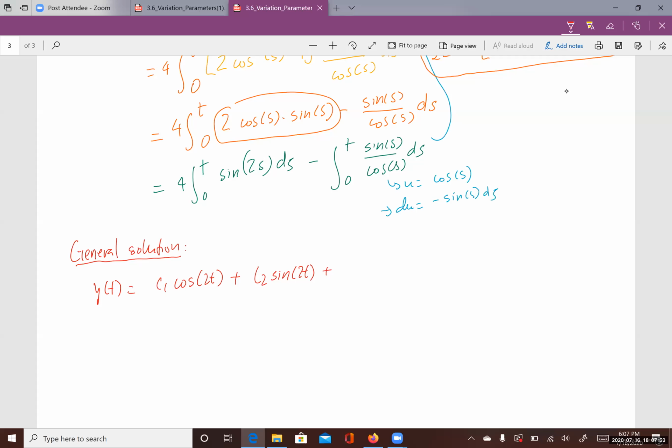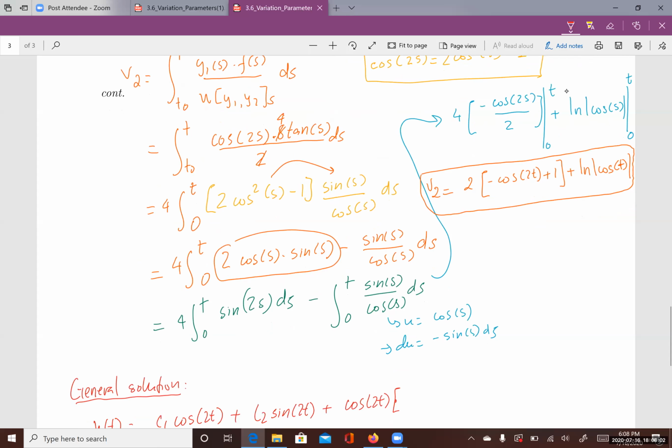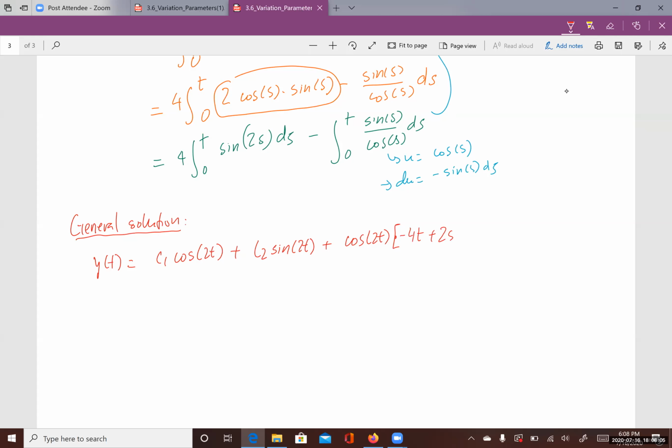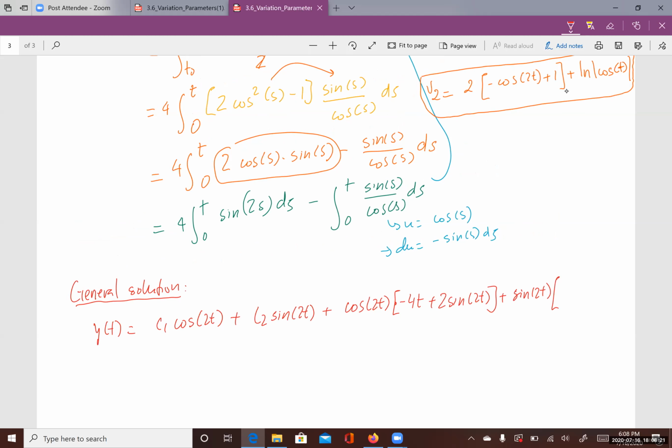y1 is cosine of 2t, times v1, which I remember is negative 4t plus 2 sine of 2t, plus v2, right? y2, which is sine of 2t, multiplied by v2 here, which is 2 negative cosine of 2t plus 1 plus natural log of cosine of t.